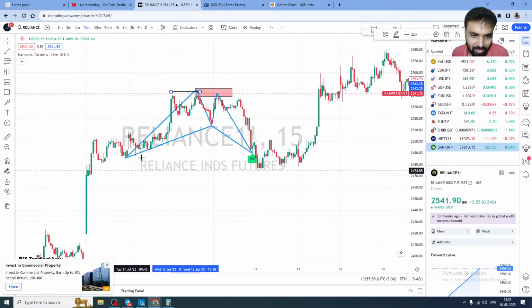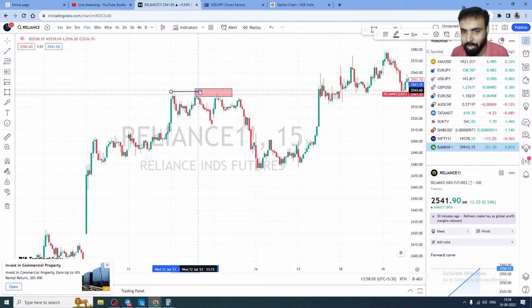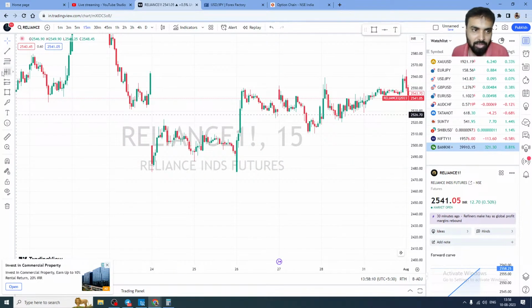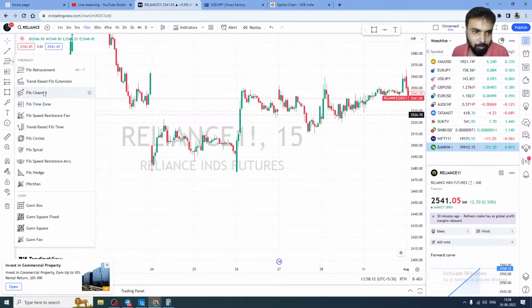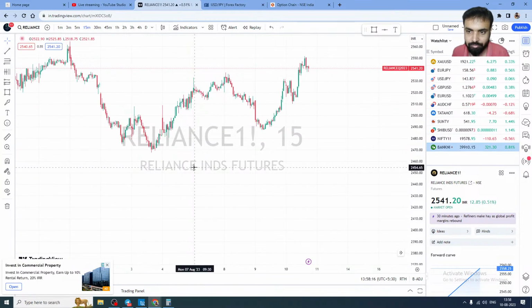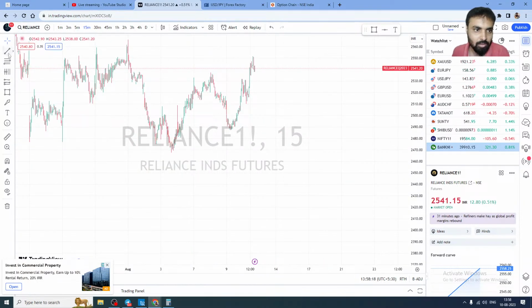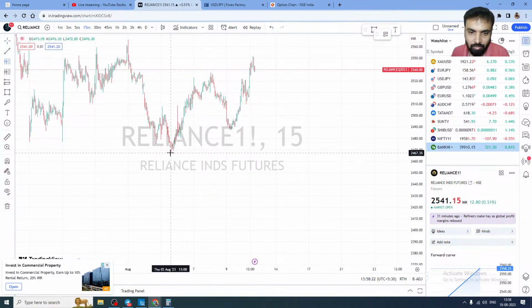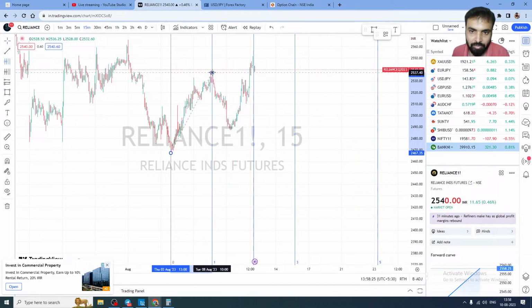That's why I always say you need to look for the smart money. You don't need to look for this bat pattern, that pattern. That is not required. Okay, but Fibonacci time zone, as I told you guys, for example, you can click Fibonacci time zone from swing low to swing high.